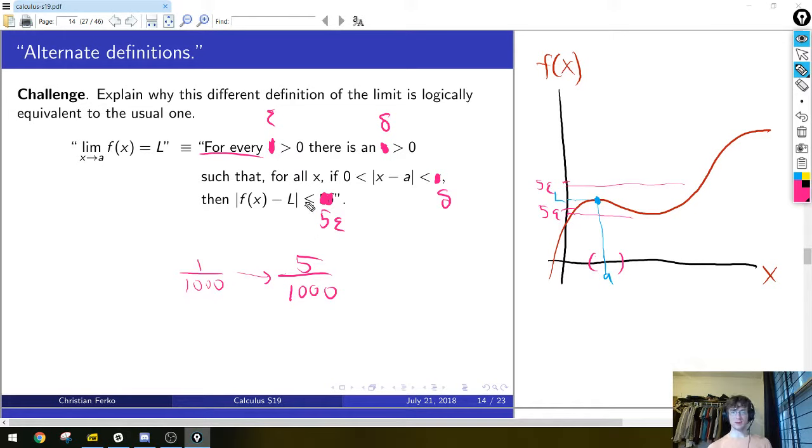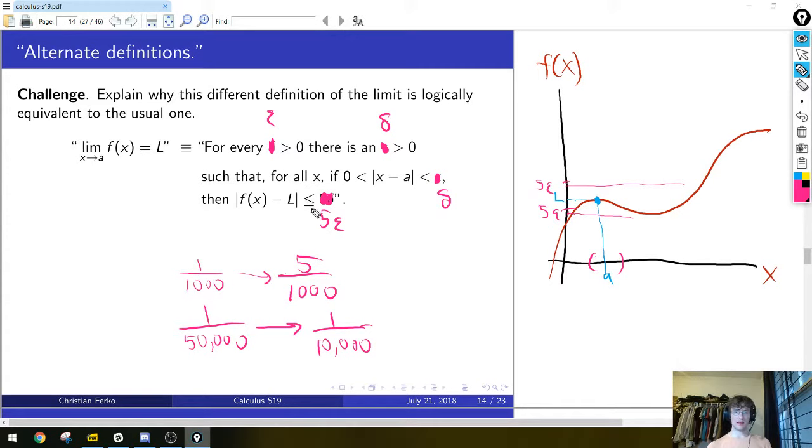So if I want my output to be within a distance 1/1000th of L, I'll just pick a different epsilon. This is true for every epsilon. I can pick any epsilon I want, something like 1/50,000th. Then this definition tells me you will be within 5 times that epsilon, so you'll be within 1/10,000th now.